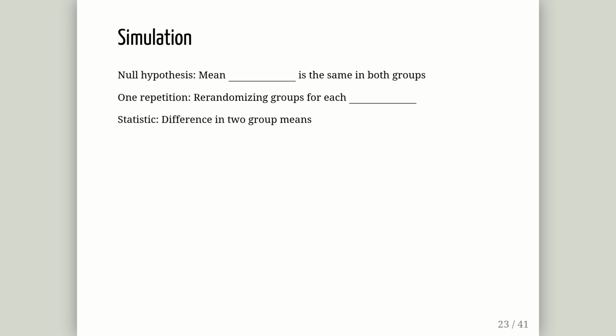In a simulation, our null hypothesis is that the mean measurement is the same in both groups, whatever that measurement may be in the context of the problem that we're working on at the time. One repetition involves re-randomizing groups for each of the observed measurements. And our statistic is the difference in the 2 simulated group means.